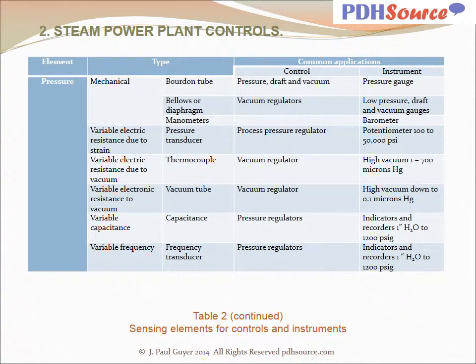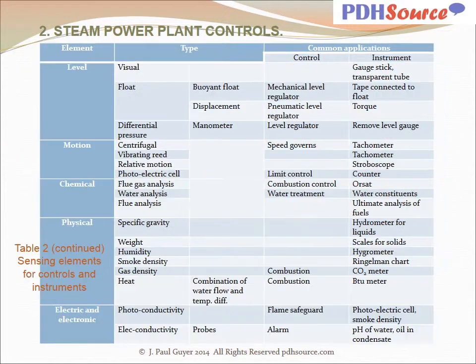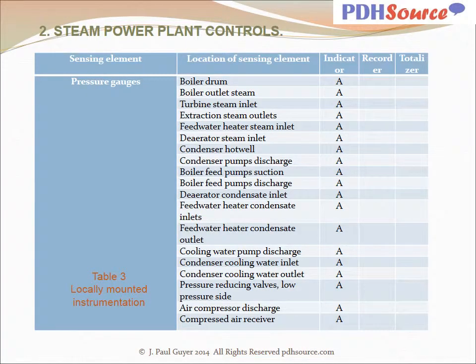And the pressure sensing elements are indicated on this slide, part of Table 2. And Table 2 continued with elements for level, motion, chemical, physical, and electric and electronic sensing are indicated. Table 3 indicates locally mounted instrumentation.